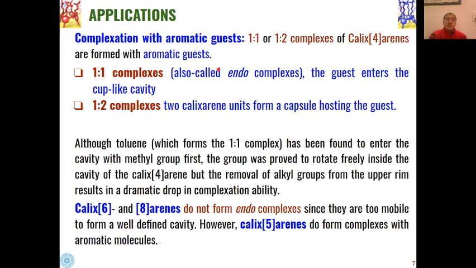The applications of these calixarenes are enormous.